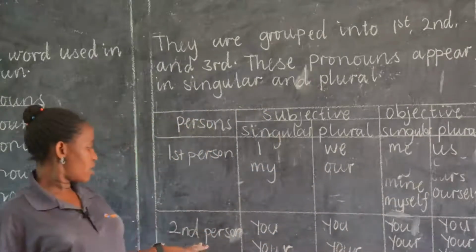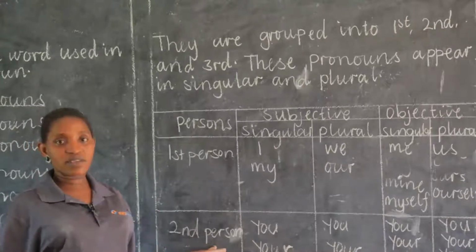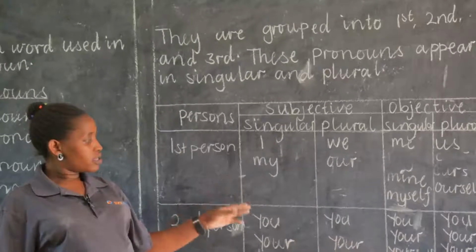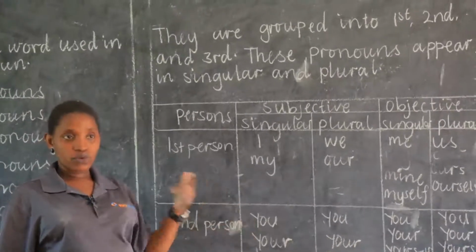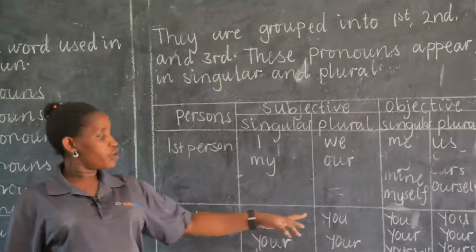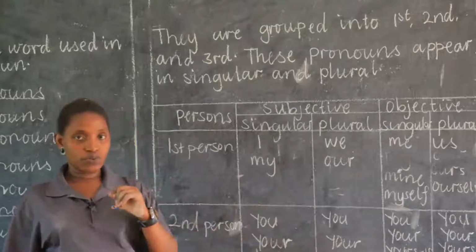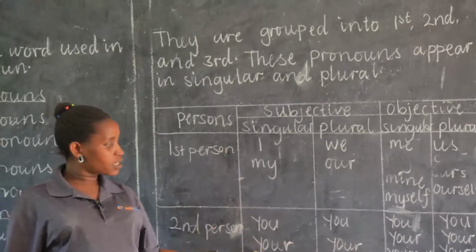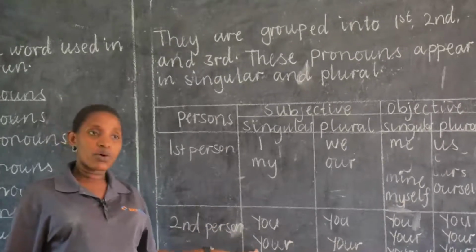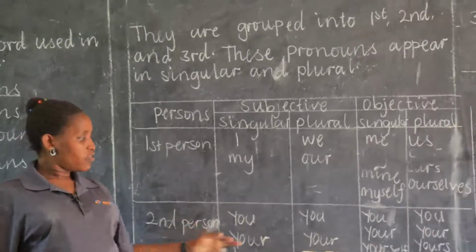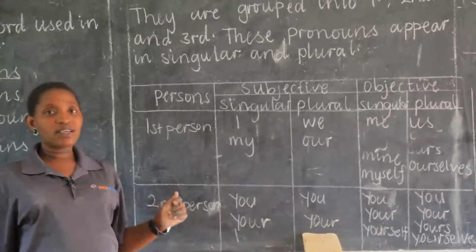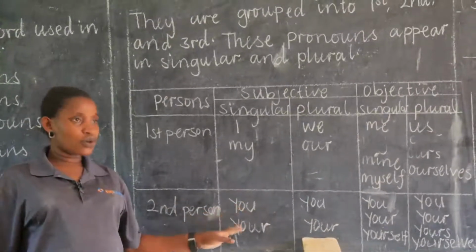Then when you come to second person, it is very easy. In the singular, it is you. You when you are one. Even in plural, it will be you. Still, possessive, it will be your book. Even in plural, it will be your book. Second person is very easy. It is you and your.